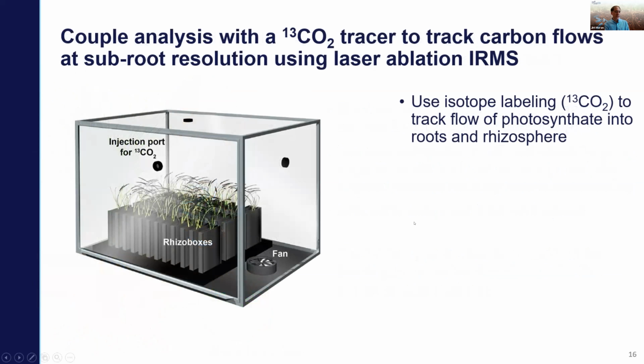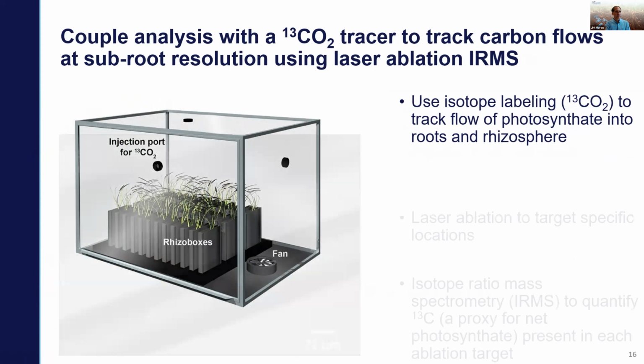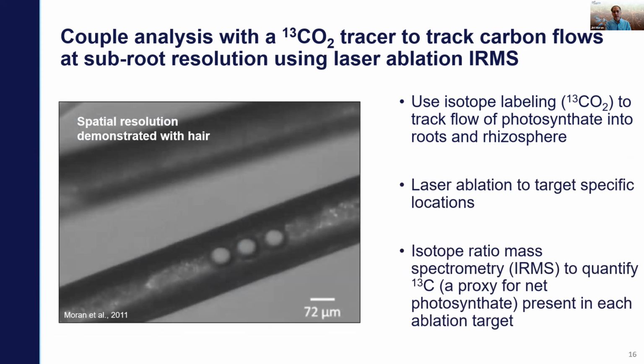I mentioned that we're using a 13C tracer for all of these. Here's a depiction of a growth chamber that we've developed to apply 13C tracers to the leaf area of plants. And then the first method I want to talk about is a laser ablation method. So we're coupling laser ablation to enable spatially resolved sampling to an isotope ratio mass spectrometer, which enables high quality quantification of the amount of 13C.